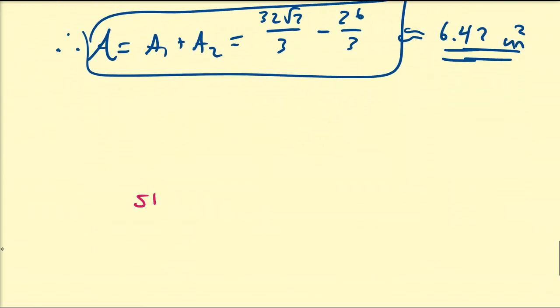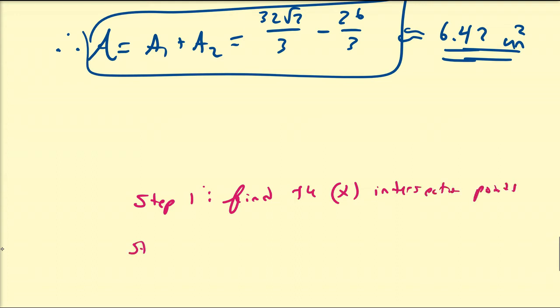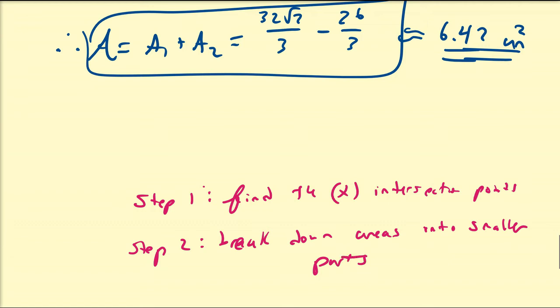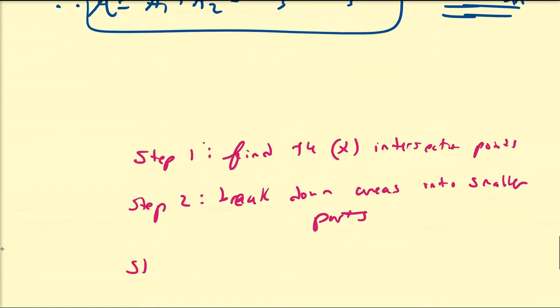So let me just quickly run through them. Step 1, find the x intersection points. Step 2, break down your areas into smaller parts, and also label functions.